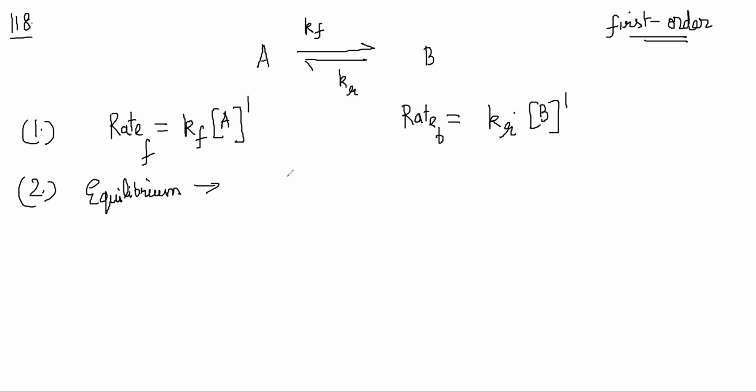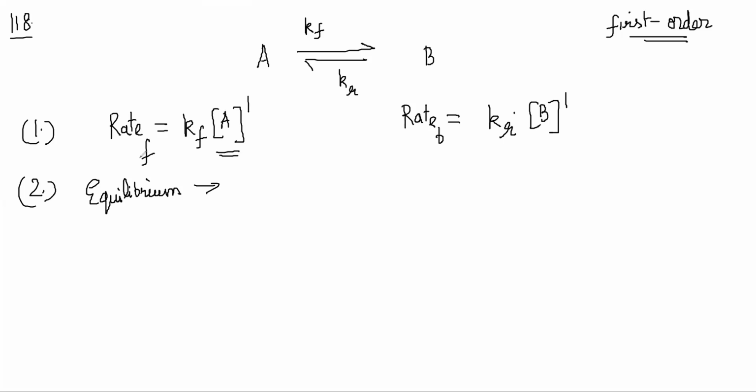So A concentration was high initially, so the rate was high initially in the forward direction, right? B was 0, so the rate was 0 in the backward direction, right? However, as the reaction proceeds, more and more B is forming, right? And A is reducing. So the forward reaction rate is decreasing, the backward reaction rate is increasing.